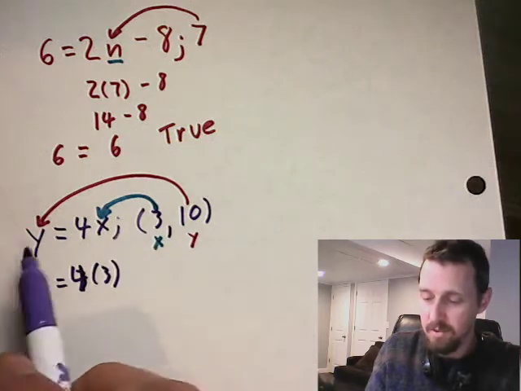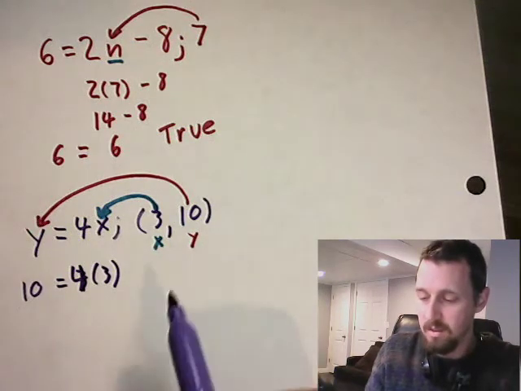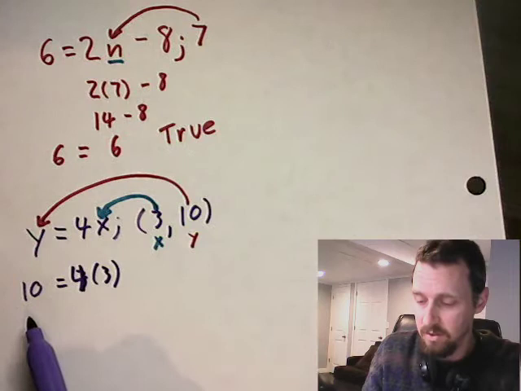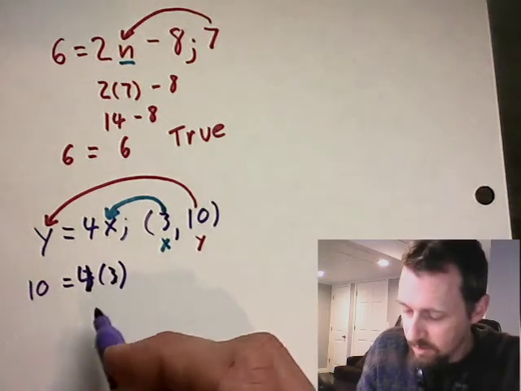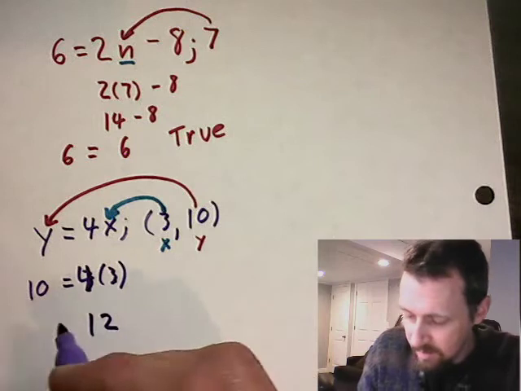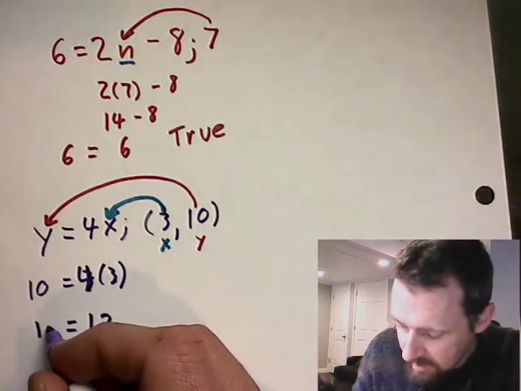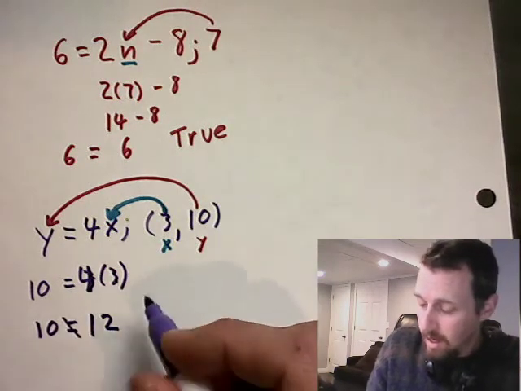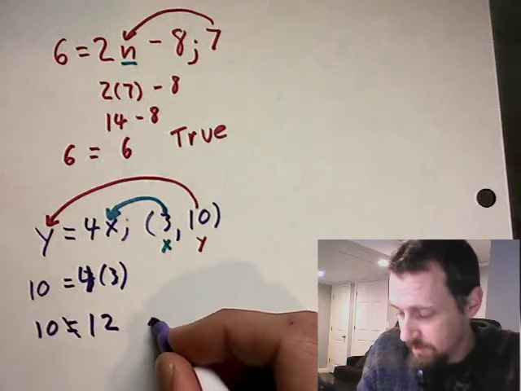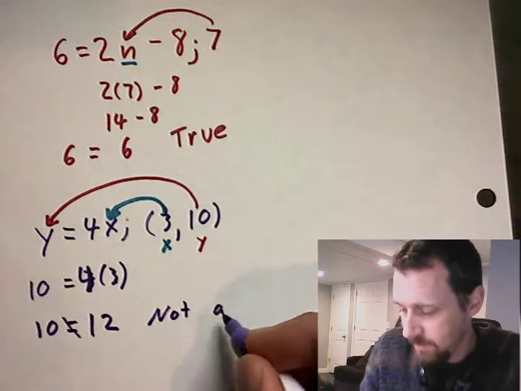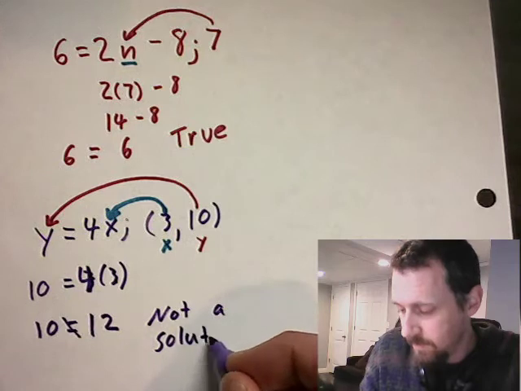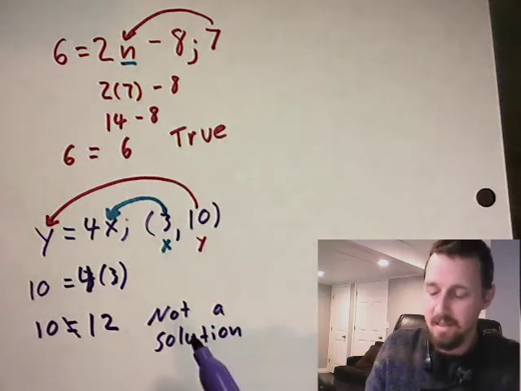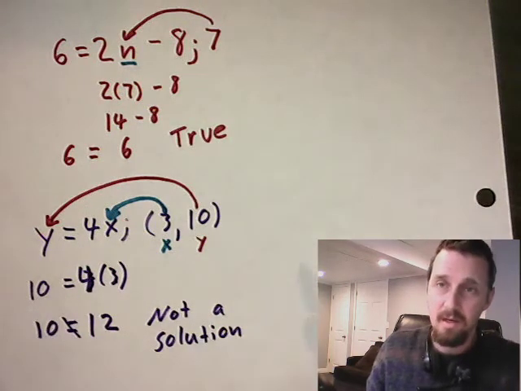Now that we have substituted our values in for the appropriate variables, I can check, is (3, 10) a solution to this equation? Well, let's see. 4 times 3, that is definitely not 10. That is 12. 10 equals 12? No, sir. So, not a solution. (3, 10) is not a solution to this equation.